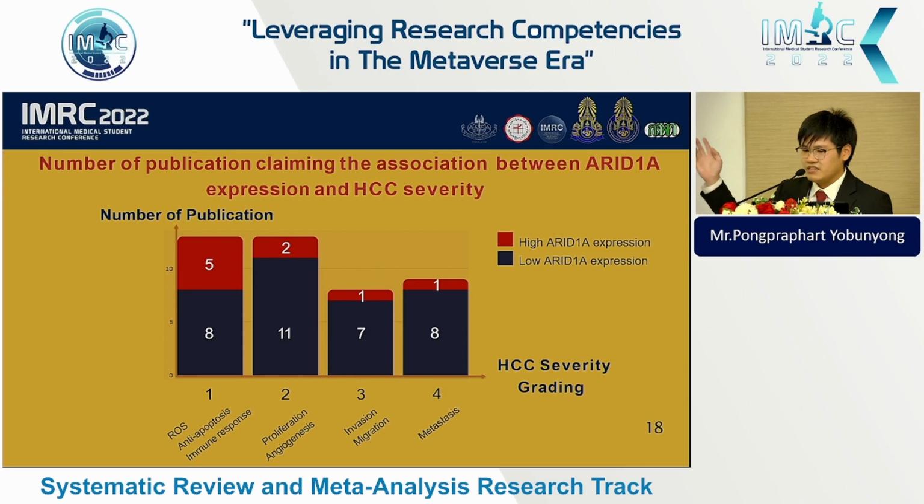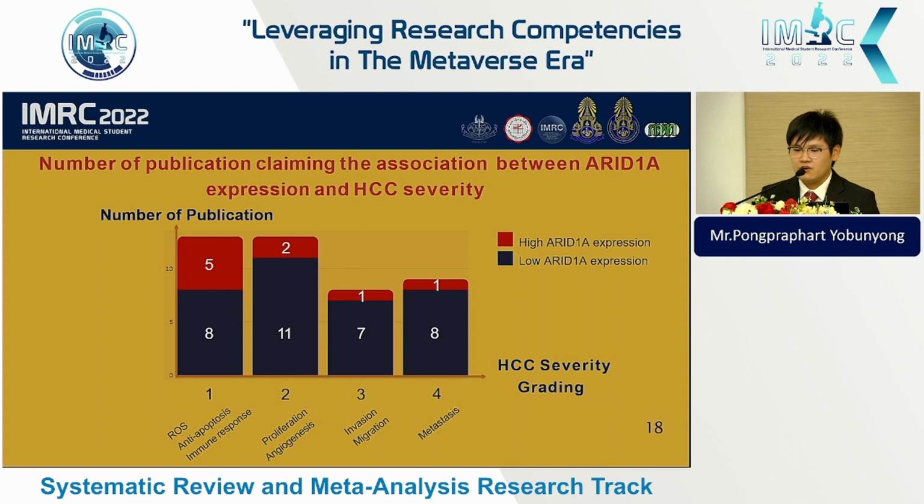As you can see in this graph, low ARID1A expression seems to have a connection with HCC severity. For example, in the second column, there are 11 papers that support the idea that low expression of ARID1A increases proliferation and angiogenesis, while there are 2 papers that support the idea that high ARID1A expression increases proliferation and angiogenesis.